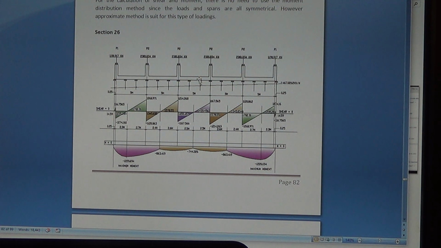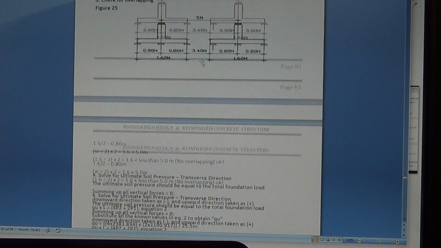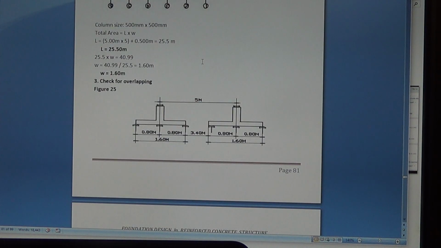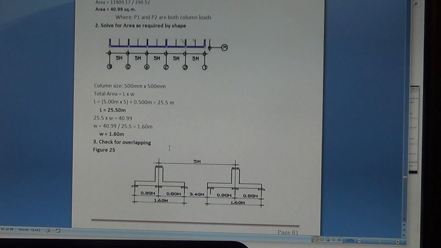There are about 12 spans. This is transverse, the short direction of the building. Here are uniform column loads right here. They're the same, and the exterior column is 1/2 of the load of the interior column, and you design the footing.